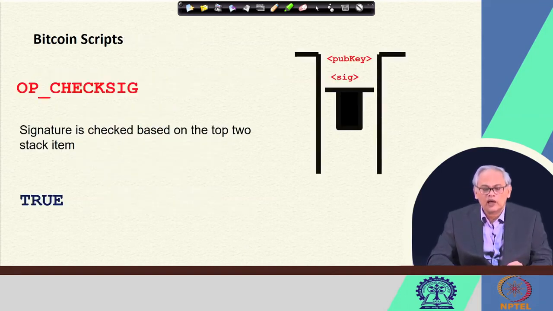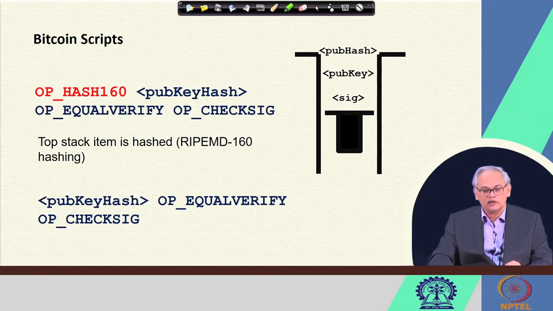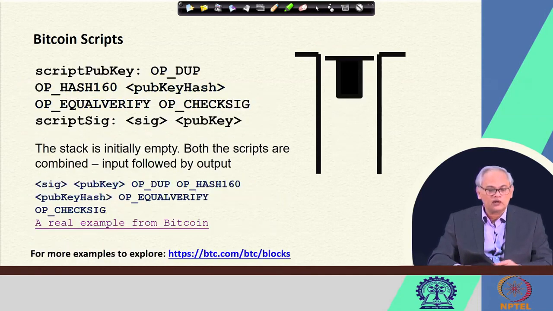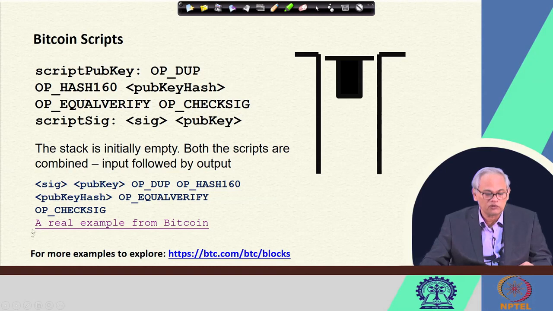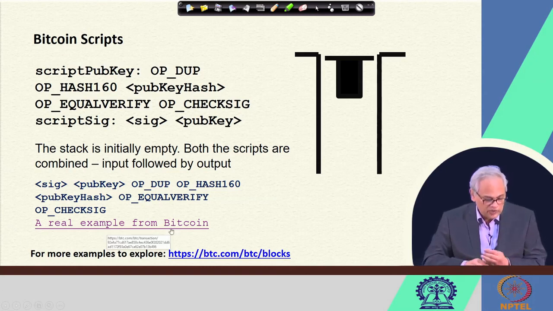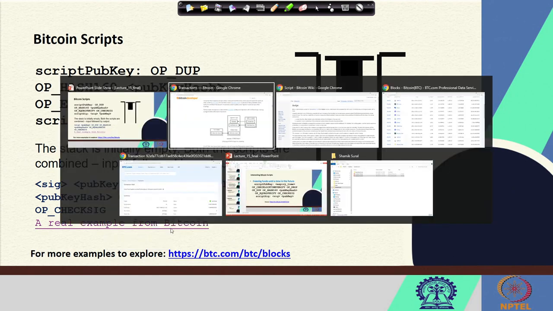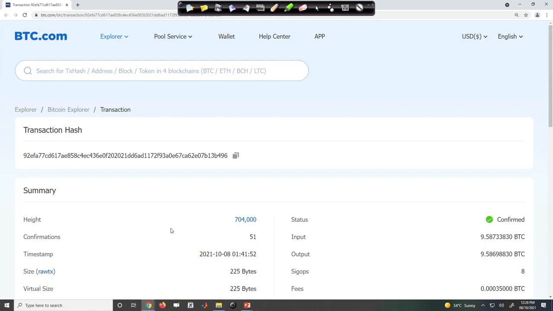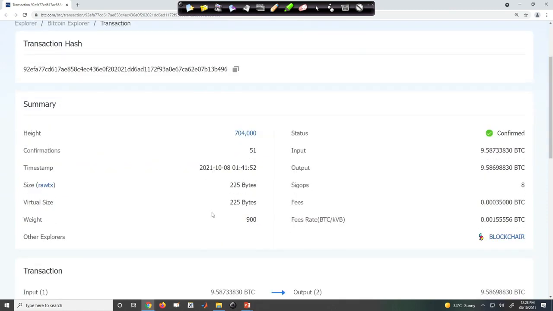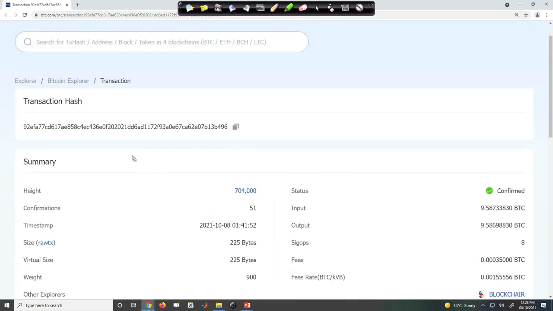Now, having said that, let me go back a little and show you that there are some real examples from Bitcoin, which is what I wanted to show to you, and I will go to one particular such example where we have a particular transaction. So, this is a transaction that we show here.